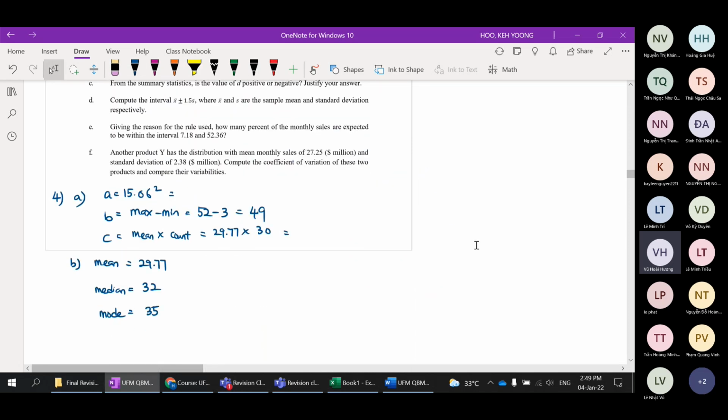To interpret these, you can refer to the previous questions to get the idea how to interpret it.